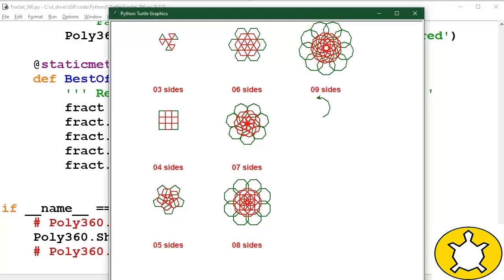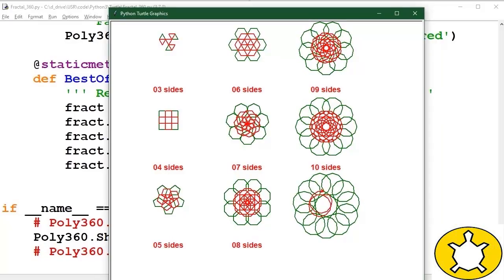Keeping in mind that we can speed up the show simply by setting our turtle speed to higher values, and the highest value would be 0 or less than 0.